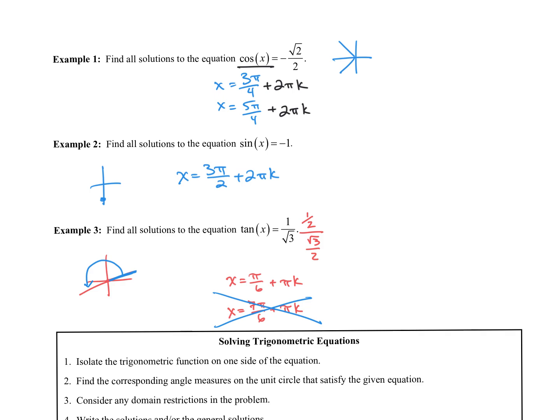Because if I add just pi to it, it actually goes on top of the 7 pi over 6. And then it'll go again, and it'll go back to the pi over 6, aka 13 pi over 6. But really, it's just going to keep going in that circle and just going on top of one another. All right? And so we don't actually need the 7 pi over 6 plus pi k.